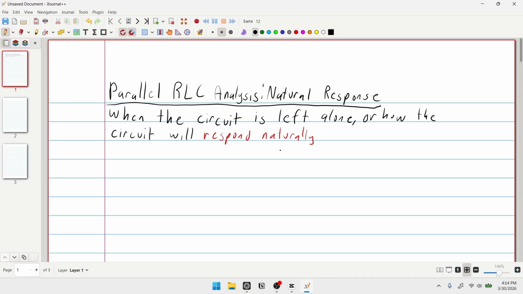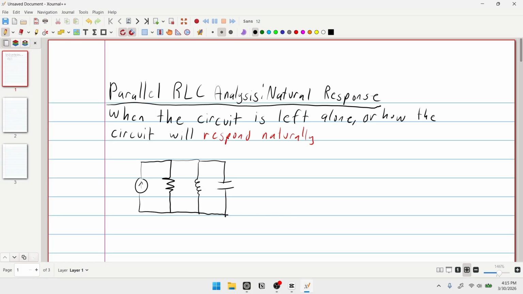So basically what that means, another definition, is typically you'll see RLC circuits with some sort of input, maybe a voltage source. Let me draw. Or like, yeah, current source. Typically you see an RLC circuit, right?